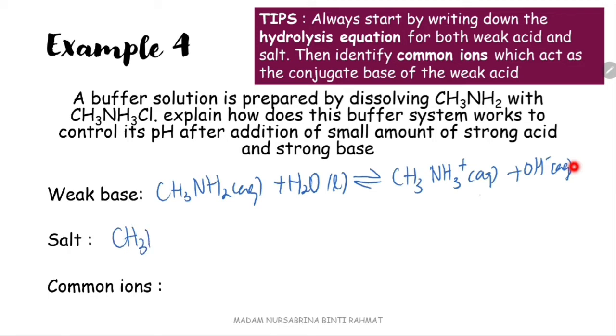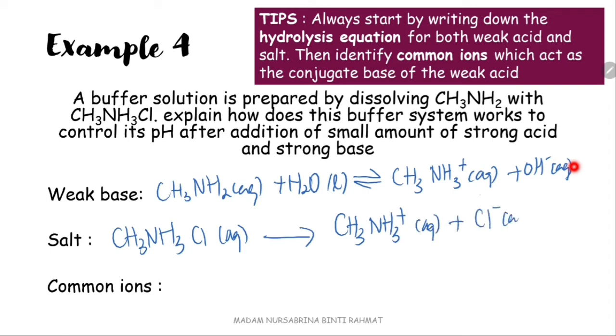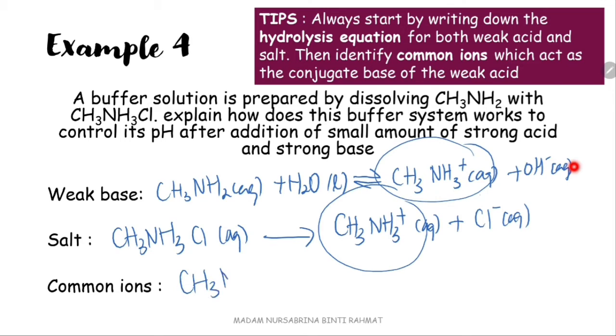Whereas my salt will completely hydrolyze in water, breaking down into its component ions, which are our conjugate acid and a chloride ion, which is our anion. As you can see in both hydrolysis equations, there is a common ion present, which is CH3NH3+, our conjugate acid.